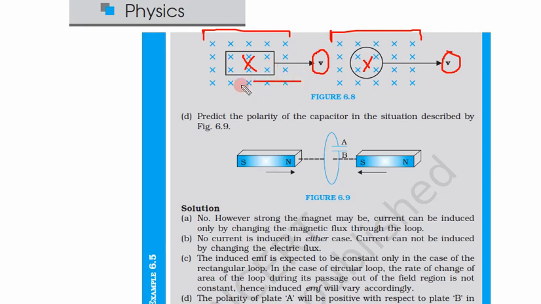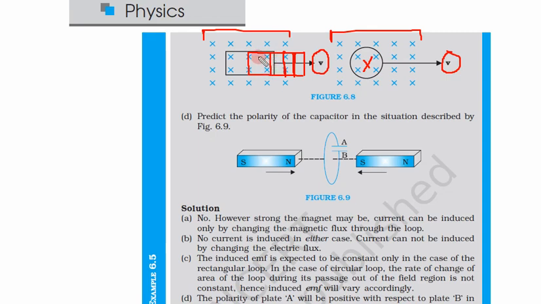So it is now coming outside. So there is a flux change. As soon as this is coming out, there will be a flux change. Flux keeps on changing because now this loop is coming out of this region with a constant velocity. But let us see the per-second change, if this loop travels this much per second.